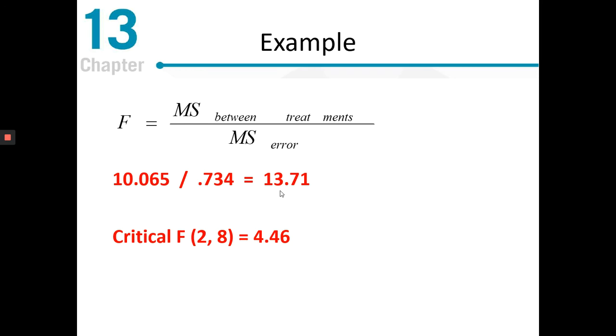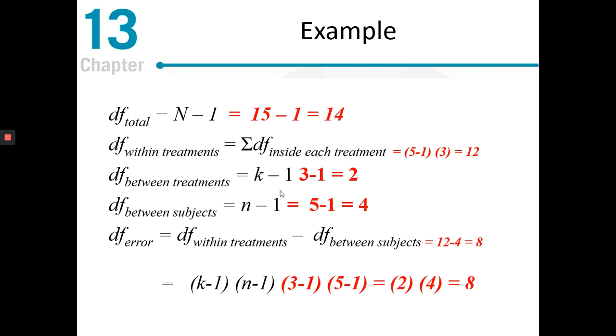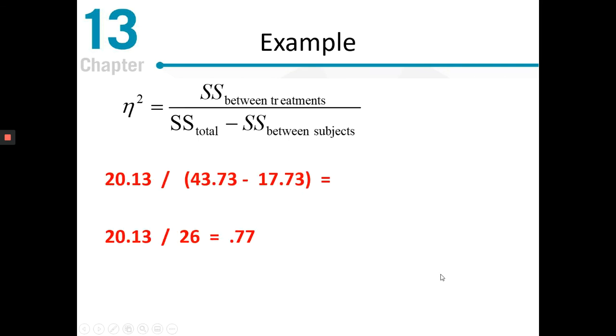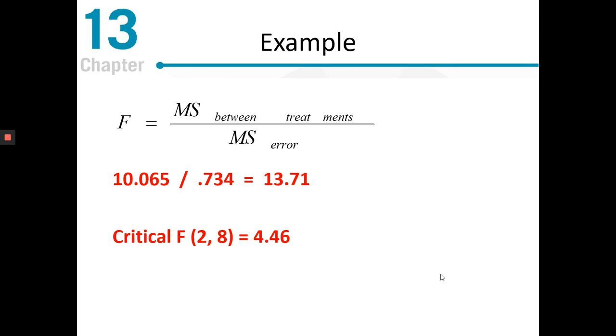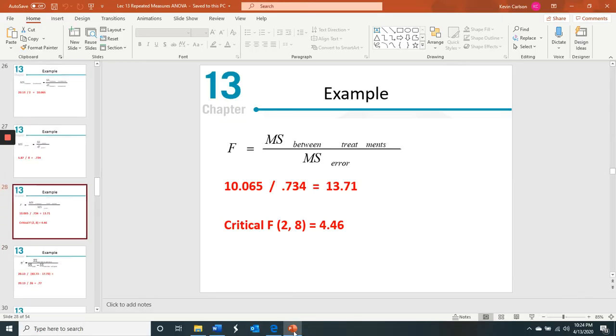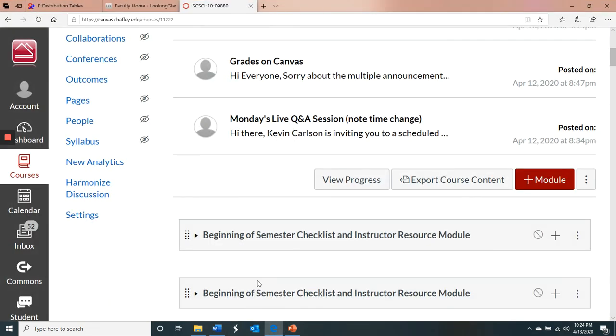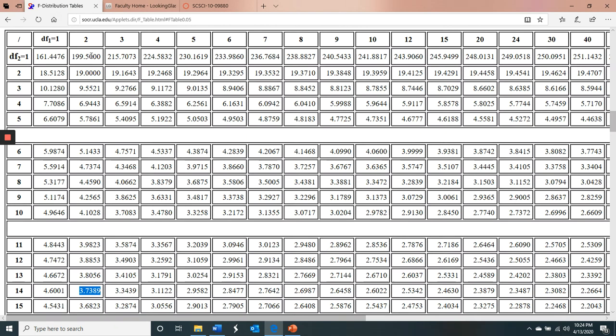Remember that our degrees of freedom between treatments and error is 2 and 8. So we go to the table, we go to column 2, and we go to row 8, and we get 4.459.